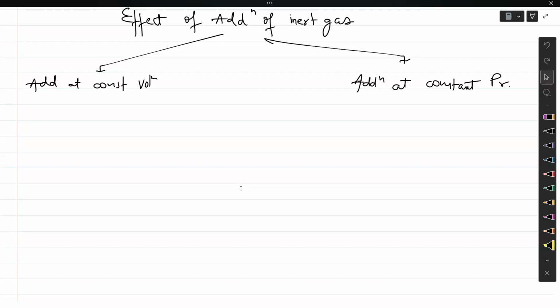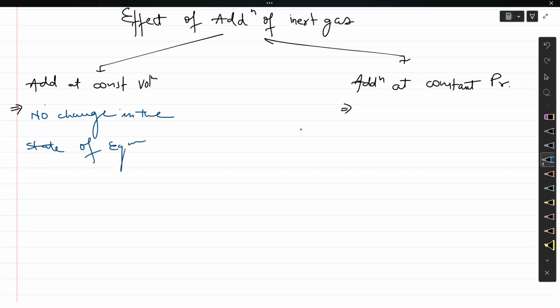So let's see what happens. When we are adding inert gas at constant volume, you have to remember that there is no change in the state of equilibrium.